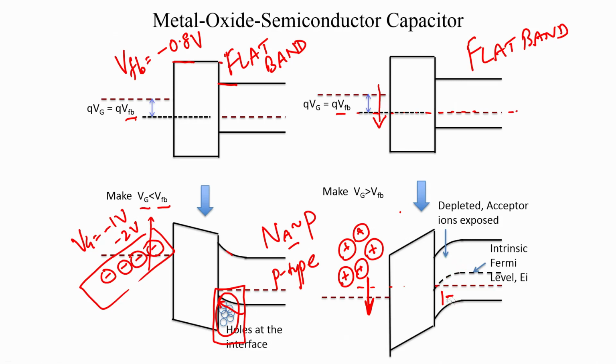Now, the electrons will not appear till EF minus EI is going to go greater than 0. So, what does that mean? So, we have also shown the intrinsic Fermi level. So, this is the Fermi level after doping.